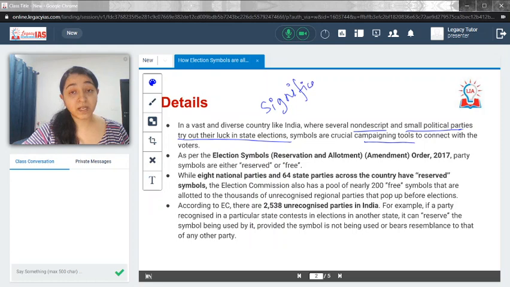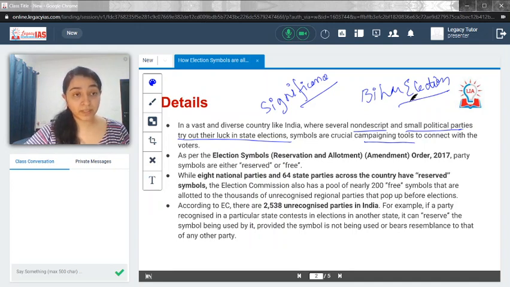You have to understand that there are a lot of political parties. Just take the example of the Bihar election, which is going to be conducted very soon. Apart from the recognized parties, there are many unrecognized parties which are going to try their luck in the election. In such a scenario, it becomes very important that certain symbols are allocated so that they can reach out to the masses.